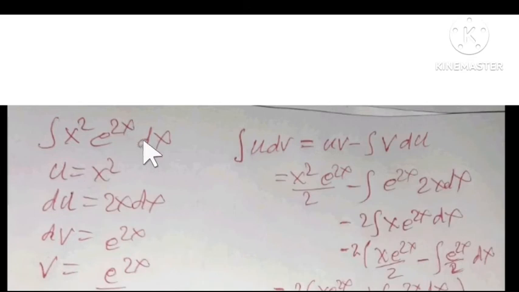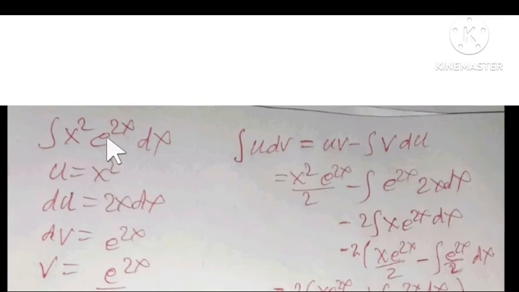Now the second example for this seventh property: integral of x squared e to the power of 2x dx. What is u? U is x squared. Then what is du? Du is equal to the derivative of x squared, that means 2x times dx. What is dv? E to the power of 2x dx.